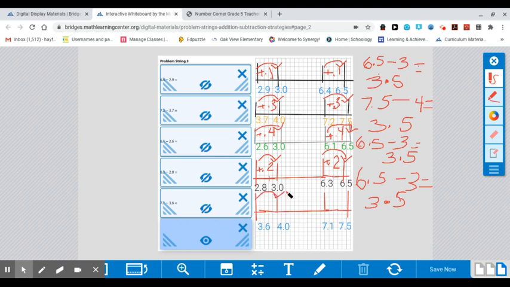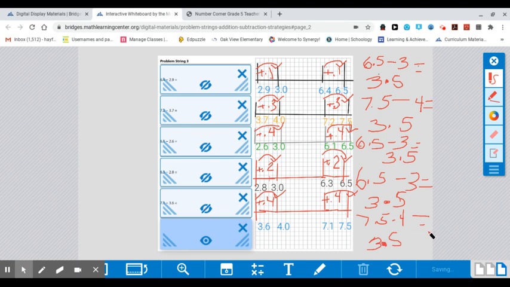So for each one, we're going to add the 4/10. Now we're going to subtract them. 7.5 minus 4 once again gives us 3.5.